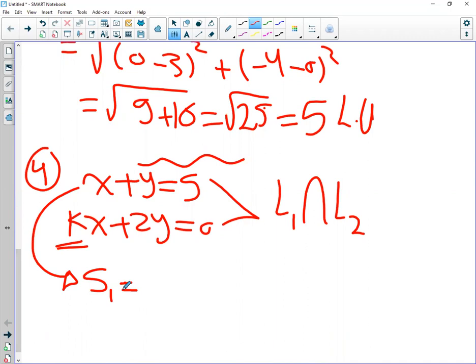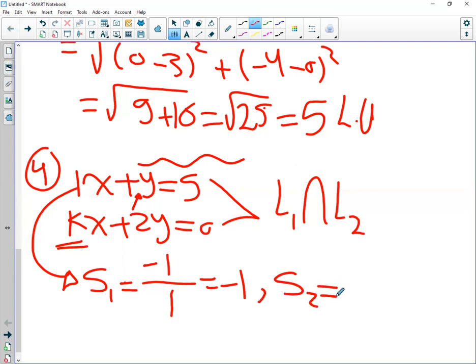Slope number 1 of the first equation equal negative the coefficient of x, which is 1, over the coefficient of y, which also equal 1. So slope number 1 equal negative 1. And slope number 2, S2, equal what?